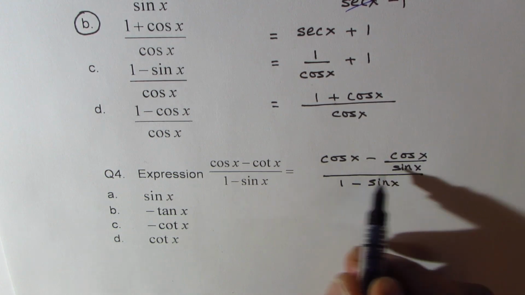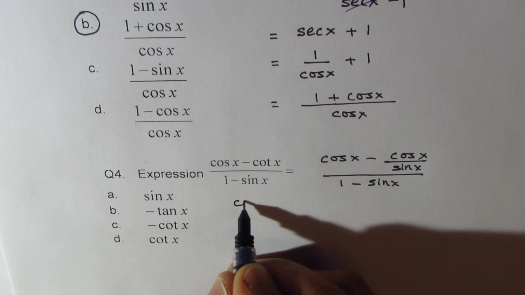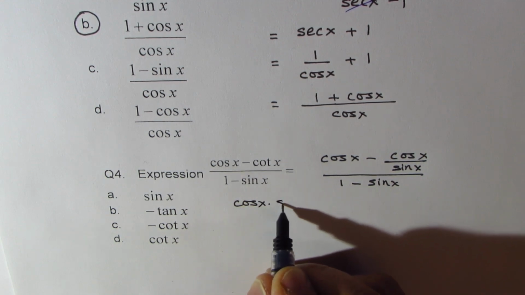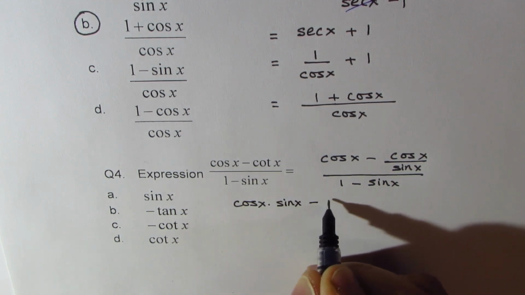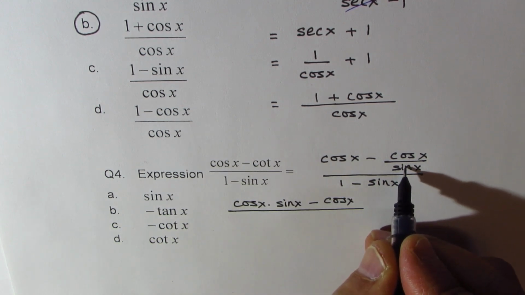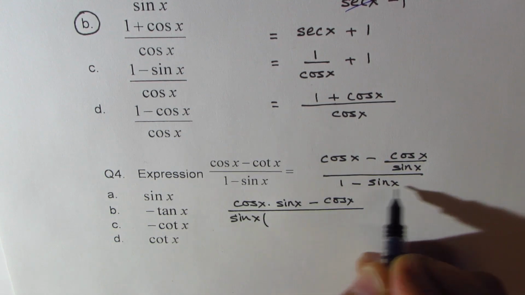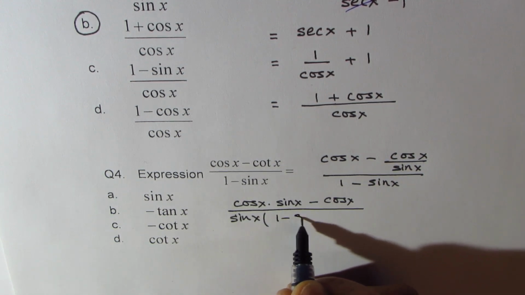So we could take sine x as a common denominator and write this as cos x times sine x minus cos x, and the sine x, which is a common denominator, comes down here, sine x. And we can multiply with this denominator, which is 1 minus sine x.